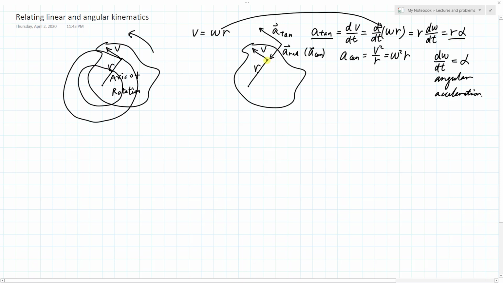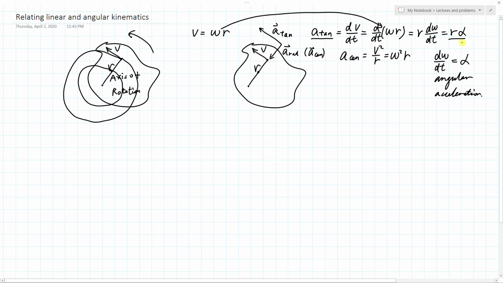This point has to accelerate proportionally to its radius. So it gets faster and faster, but if you only talk about the halfway point here, it only needs to increase its velocity half as quickly because it only has half as long a circumference, right? So if it needs to cover that distance in less time, it just needs proportionally less velocity than covering a larger radius, a larger circumference within that same amount of time.